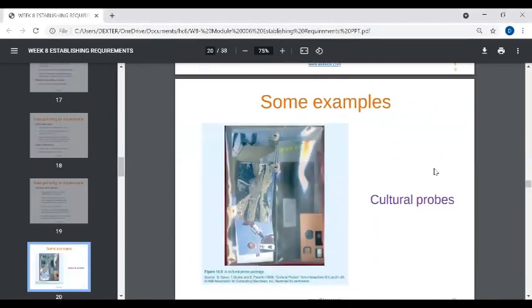Okay, so some examples. This is cultural probes. The idea of probes was developed during the Presence project, which was investigating novel interaction techniques to increase the presence of elderly people in their local community.